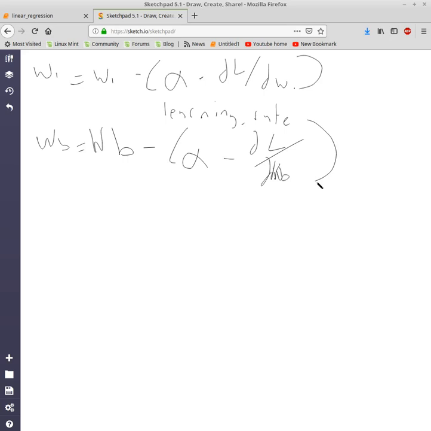So we repeat this process that we did before until the loss hopefully converges at a small number and isn't changing that much anymore from previous to next iterations of this gradient descent update.